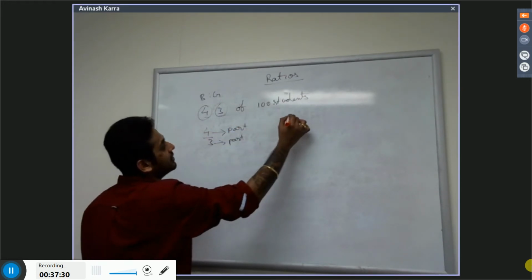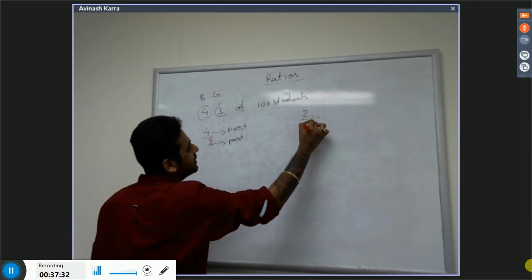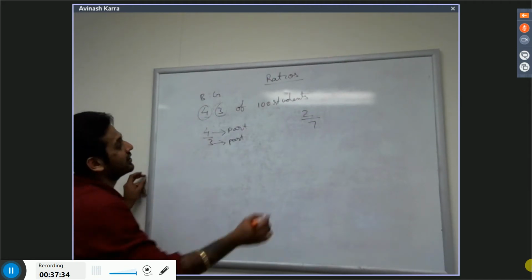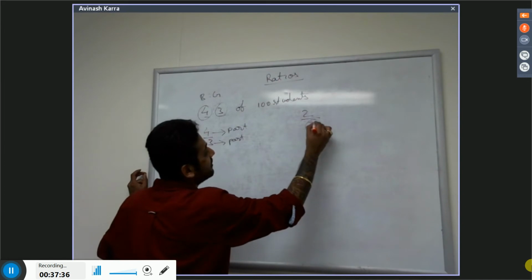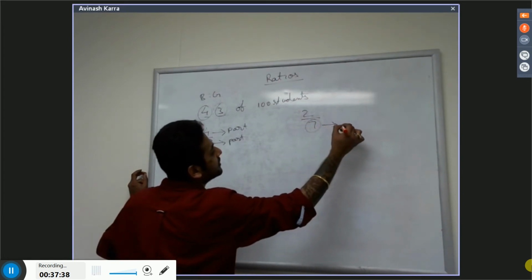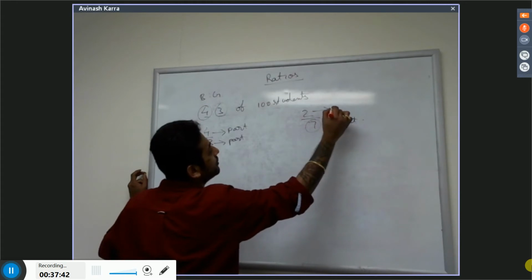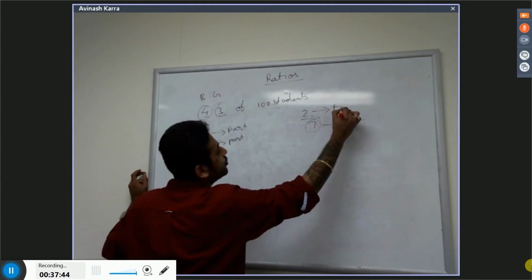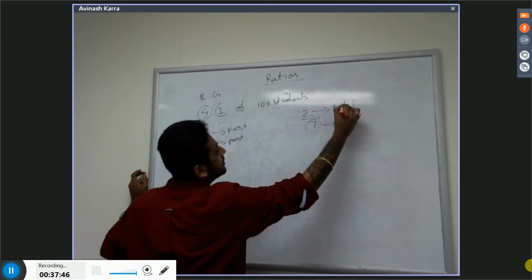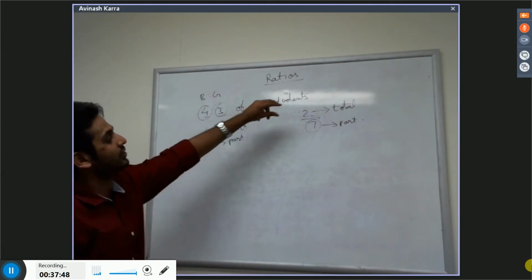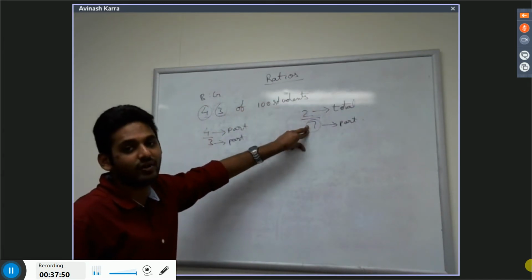But if you take 2/7, a fraction, here 7 is the total and 2 is a part. Here the total 7 is divided into parts.